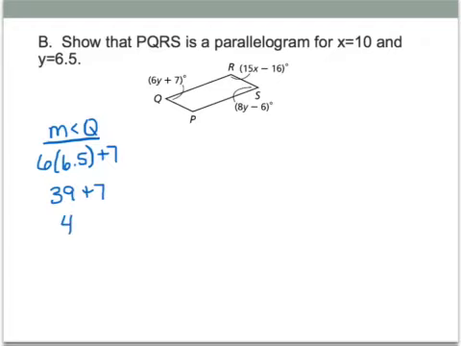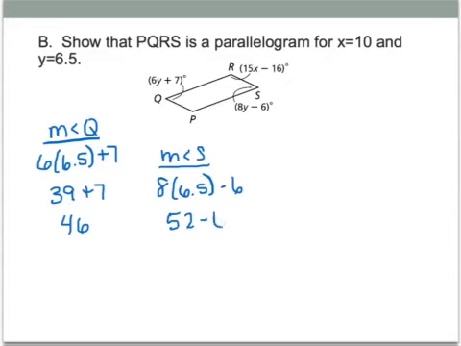So I get 46. Now let's do the measure of angle S. So I have 8 times 6.5 minus 6. 6.5 times 8 is 52. And 52 minus 6 is 46. So yes, we do see that the opposite angles Q and S are congruent.